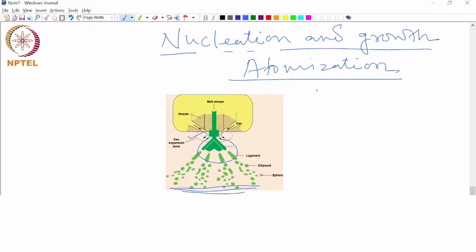So, that means this liquid to solid transformation is involved in this process, right.